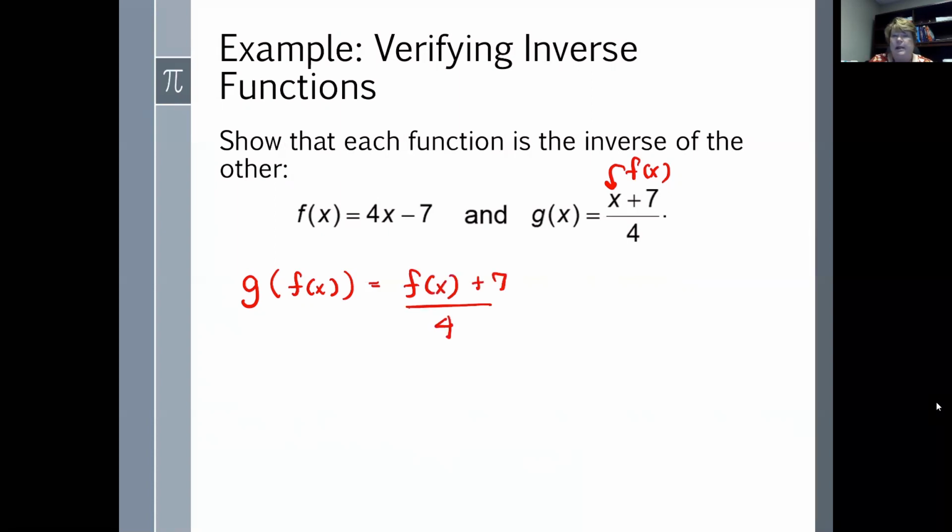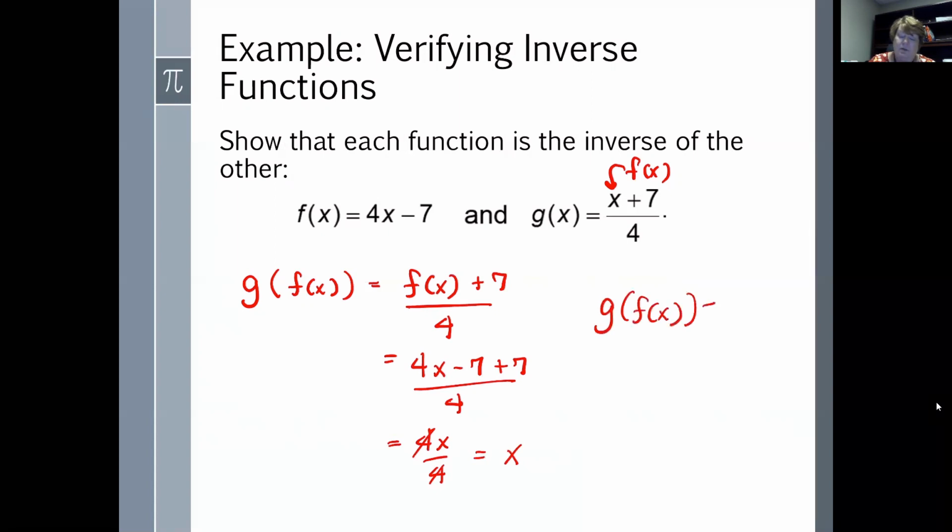But f of x is equal to 4x minus 7. 4x minus 7 plus 7 is 4x. 4x divided by 4, the 4's will cancel, and I'll get x. So g at f of x is also equal to x.